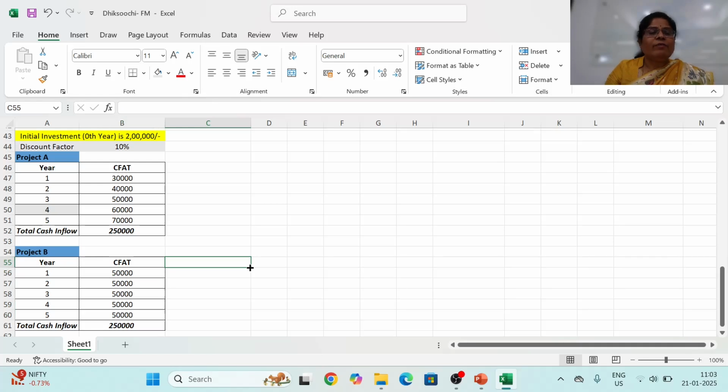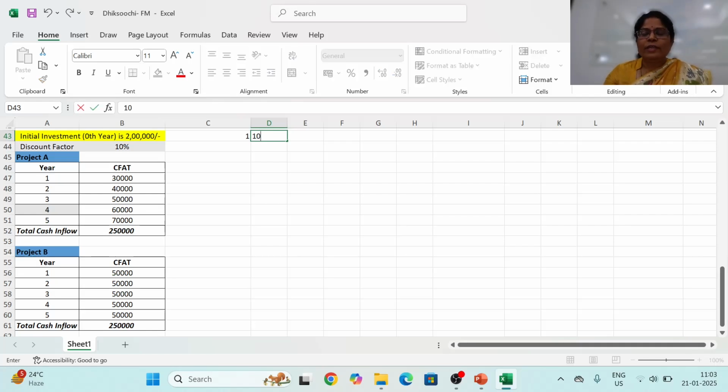The additional information we need to understand which project is more worthwhile is a discount factor. Discount factor means how you assume the value of a rupee is going to be discounted year on year. For example, if you have 1 rupee today and you assume its worth declines every year by 10%, then your discount factor is 10%.